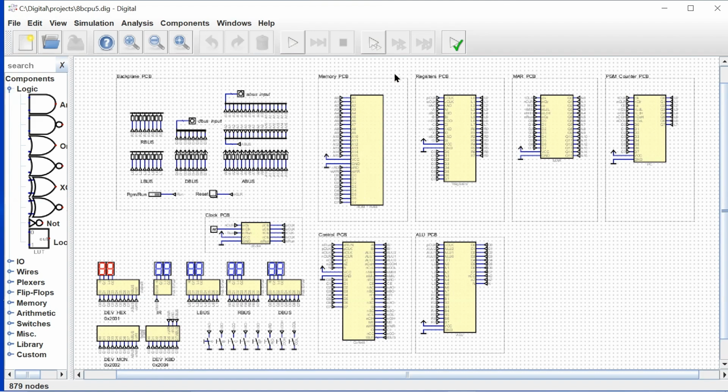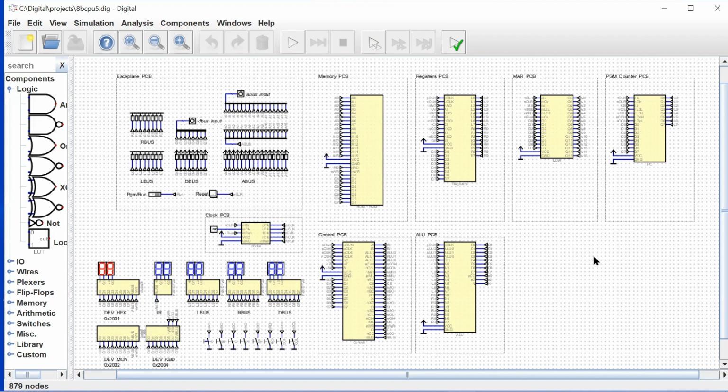And those are the memory card, the registers card, the memory address registers card, the program counter card, the control unit card, the ALU card, our clock card, and then finally the backplane, which all of these cards would plug into.